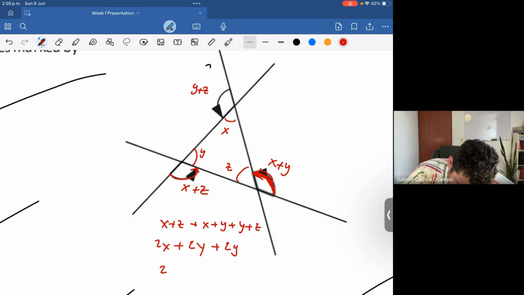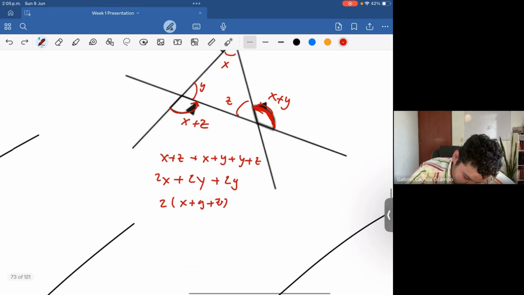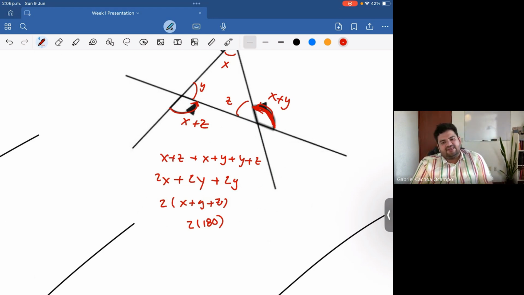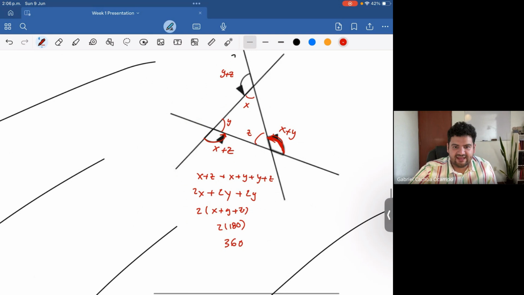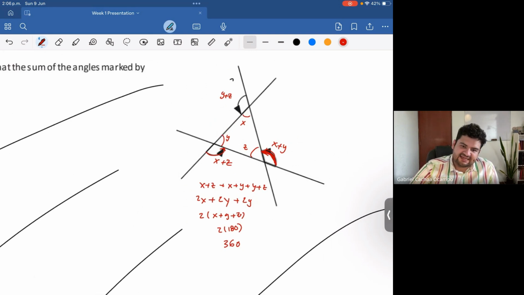And that is the same as 2 times X plus Y plus C. And that is the same as 2 times 180, because X plus Y plus C are angles inside a triangle. And that is 360. So that is like an argument.